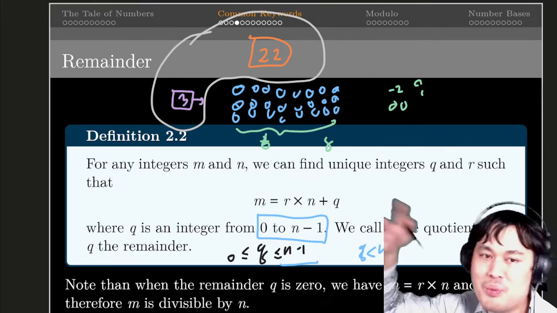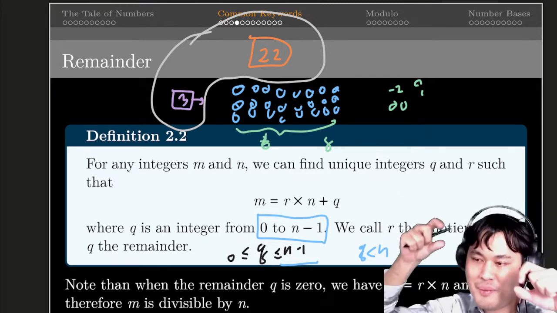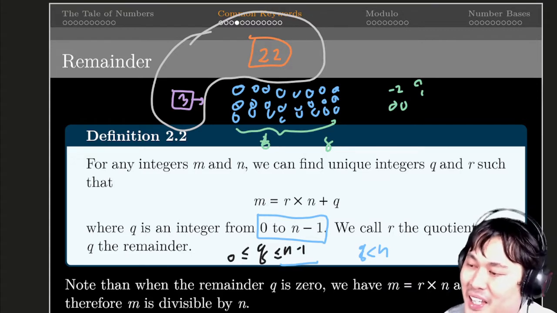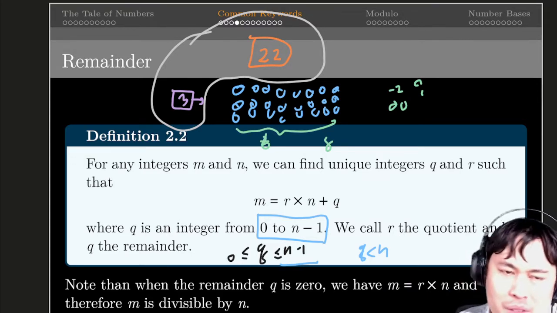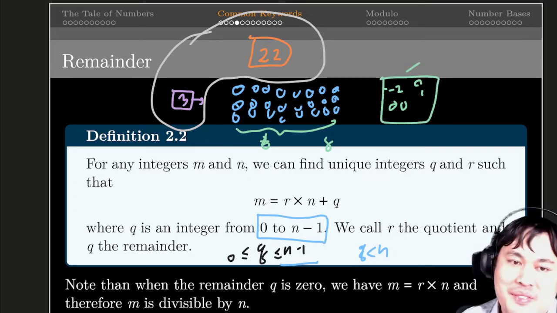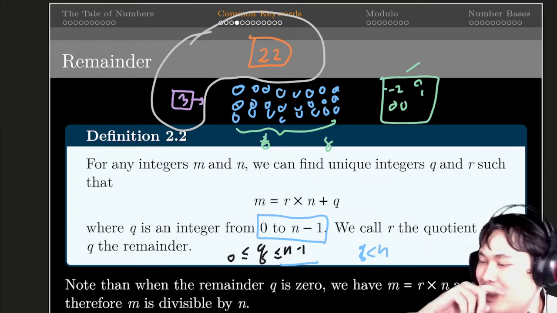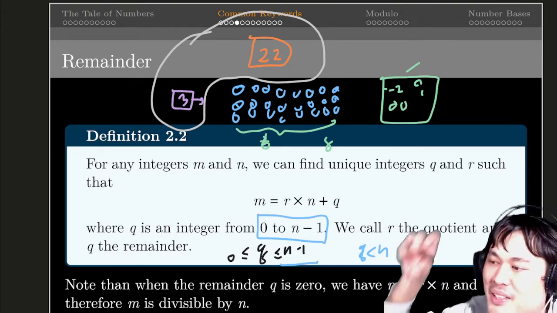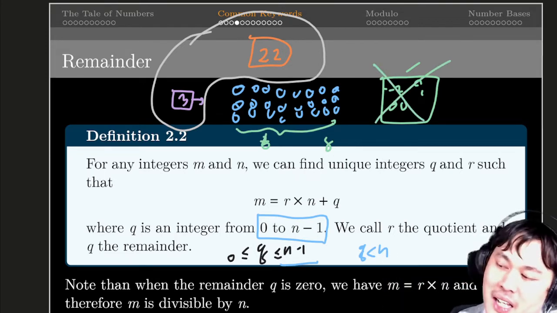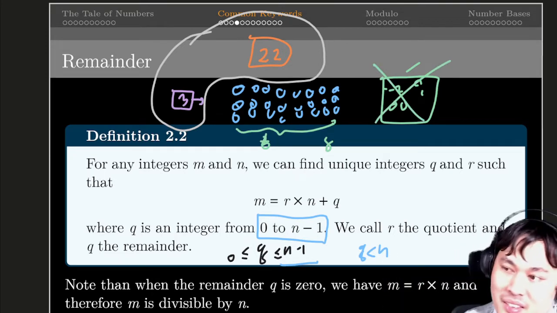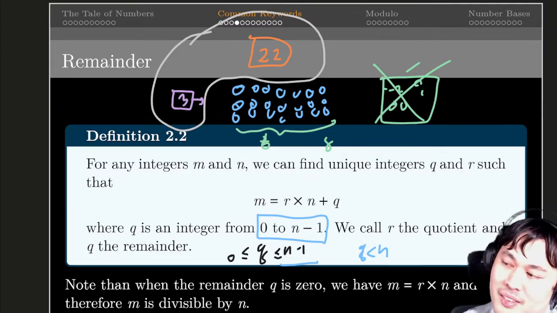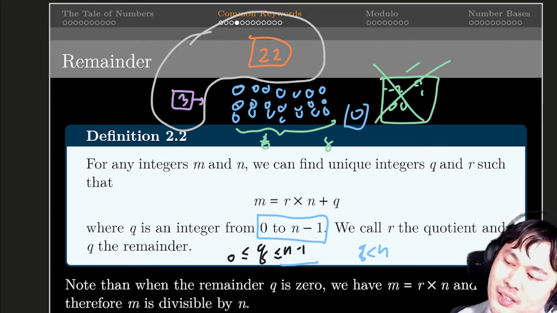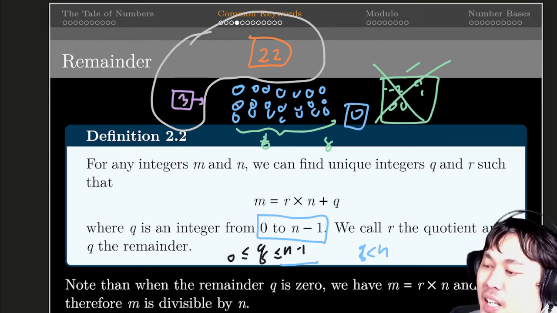I borrow 2 balls from my friends and put them into the group so I can happily divide them equally. So it works in some sense, but for this topic, when you talk about remainder, we don't allow negative numbers. You can't borrow things. You can only arrange what you have. So if you have 22 objects, just deal with those 22 and see how many objects you have left.